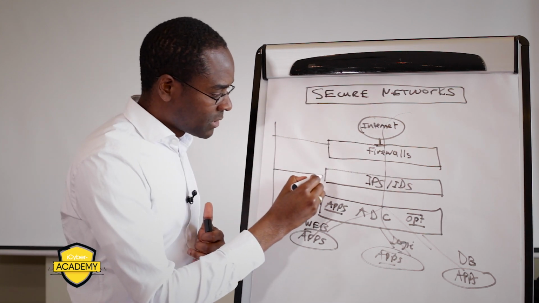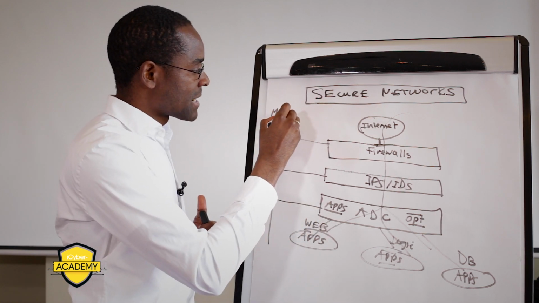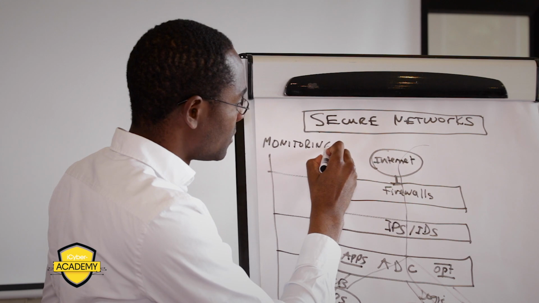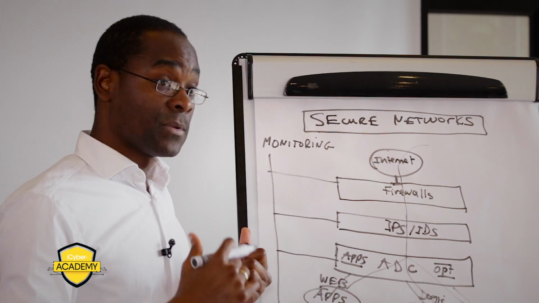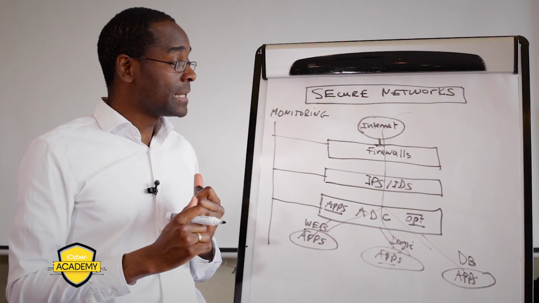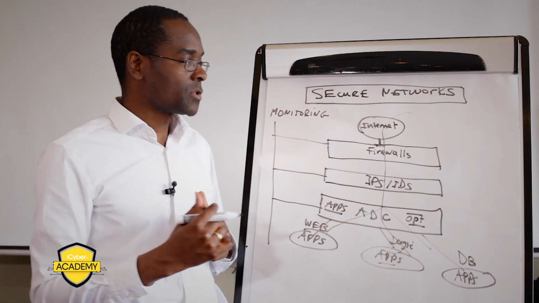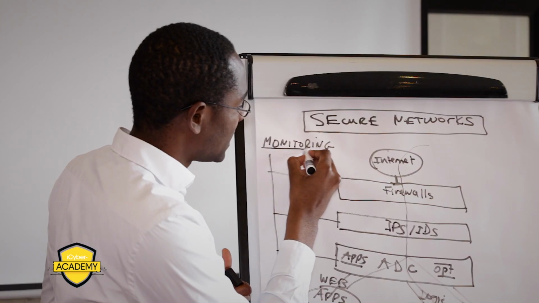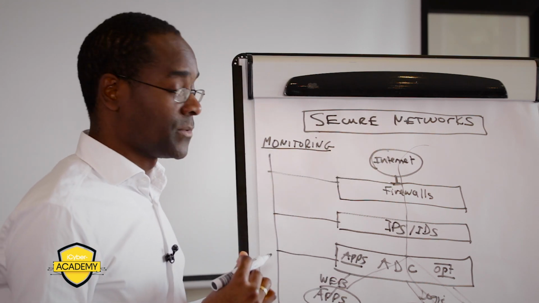For each one of these devices, we can have a monitoring network where we capture all the logs and events related to security, related to the ability of the application to transact information, and also logs related to what's happening to those devices in general. So monitoring is certainly key when it comes to designing our secure networks.